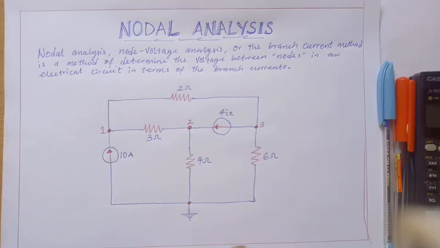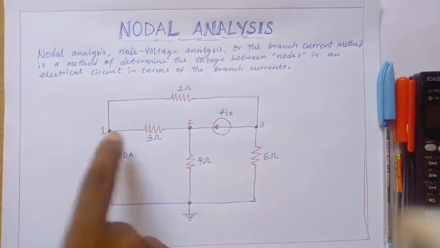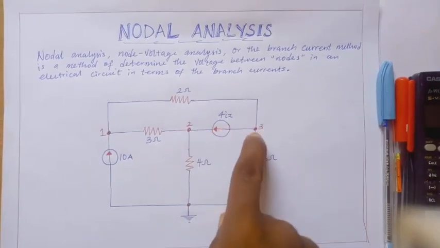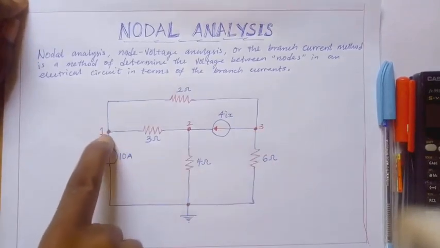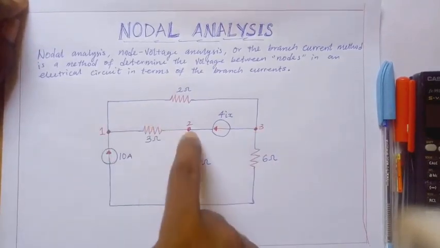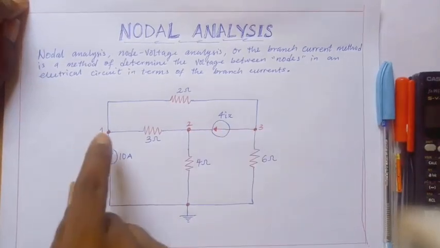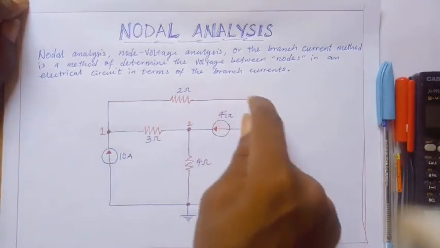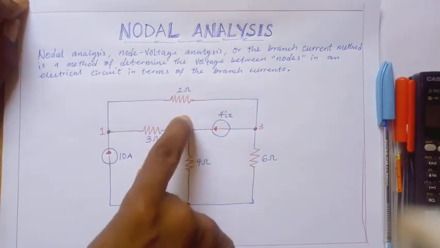As you can see, with the diagram I have below here, this one is 1, this one is 2, and this one is 3. So this is what we mean by nodes. This is node 1, this is node 2, and this is node 3. Let's assume these lines that contain resistors are wires.